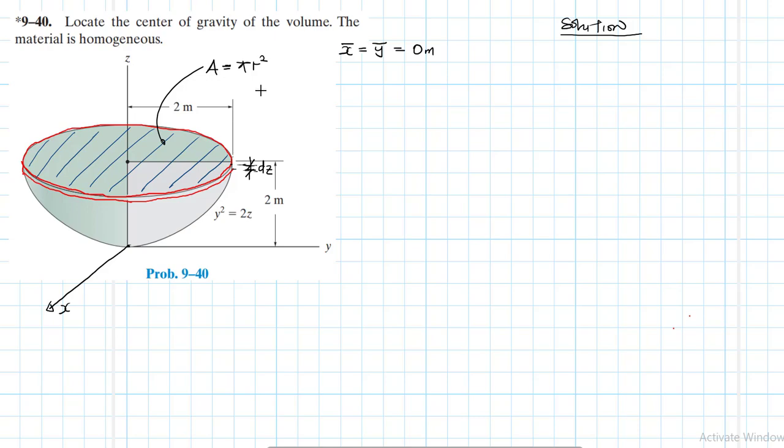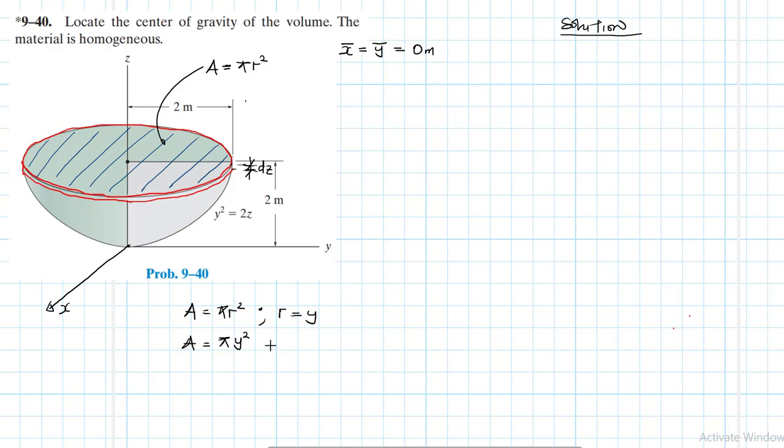So this r is equal to y, and therefore this area is equal to pi r squared, which is pi y squared.